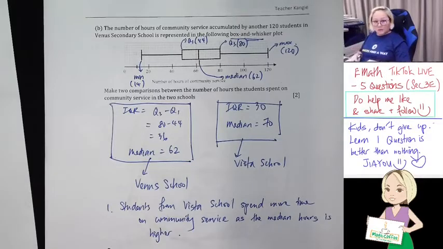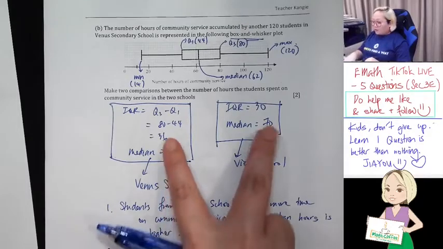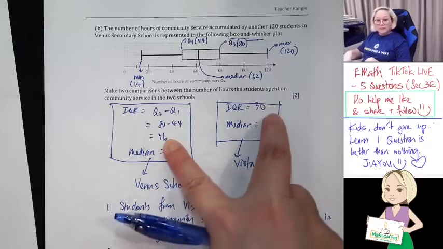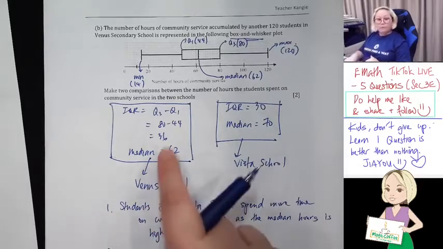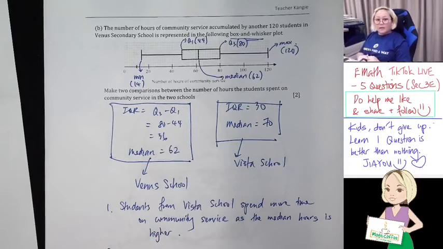Okay, next. Question 2, Part 2. Now we compare the interquartile range. One is 36 and this is 30, right? Students from Venus School, the hours have more variation. It's more varied as the interquartile range is larger.